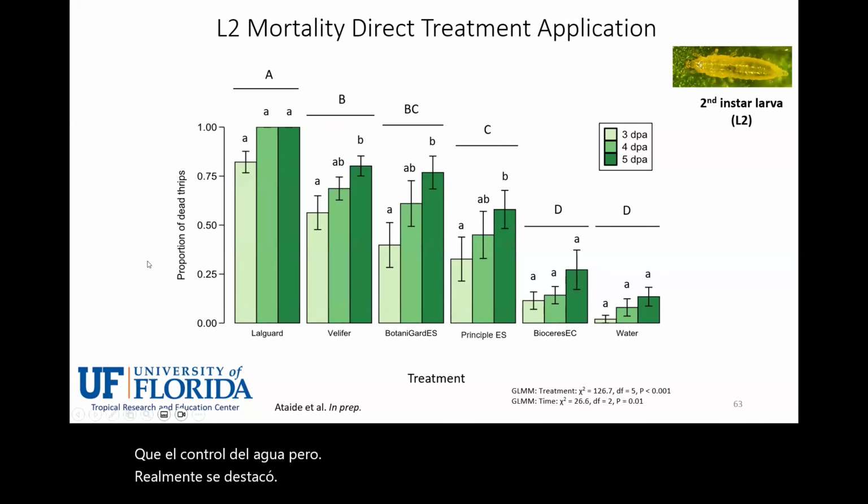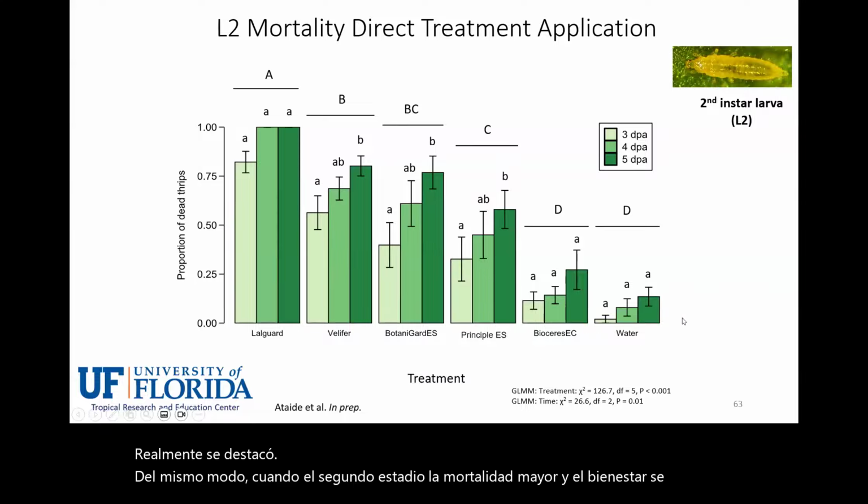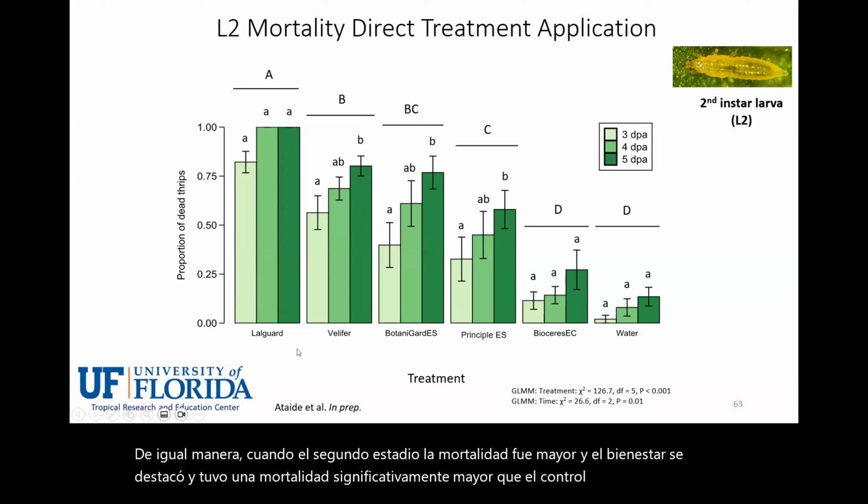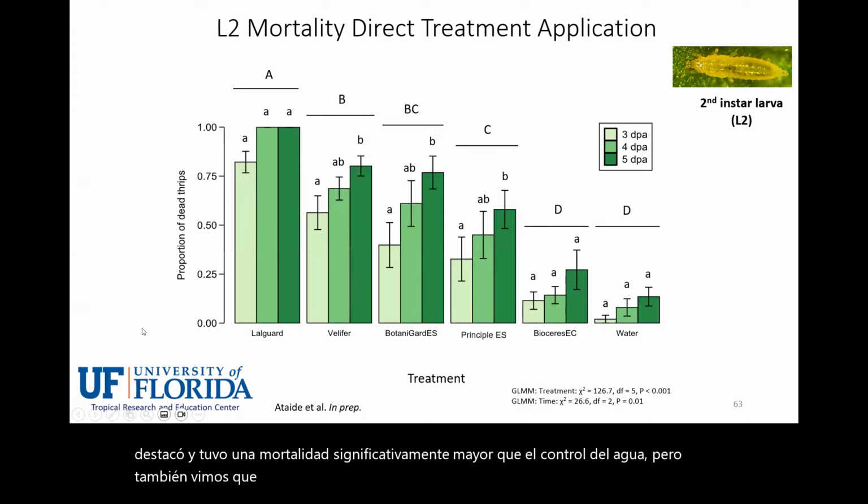Similarly, with the second instar mortality, Lalgard and Velifer stood out and had significantly higher mortality than the water control, but also we saw that Botanigard and Principal had good efficacy.